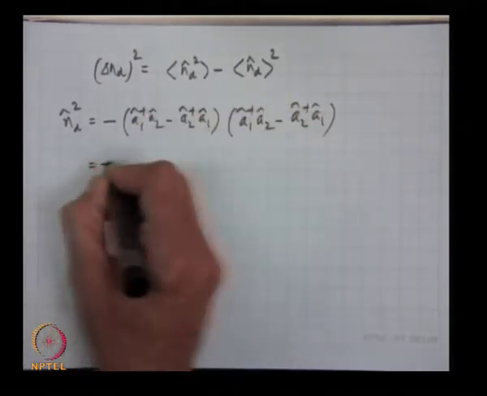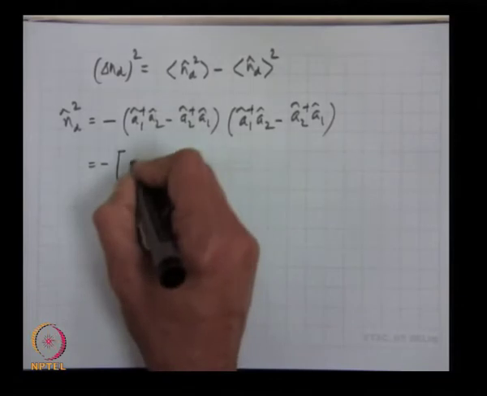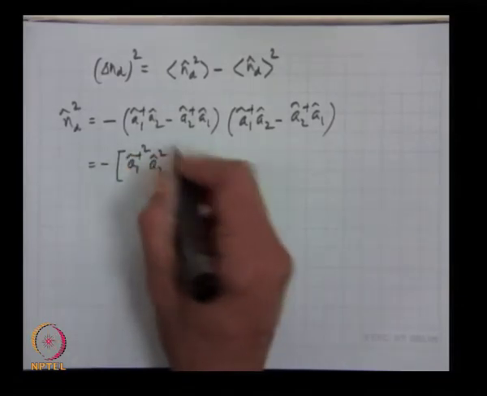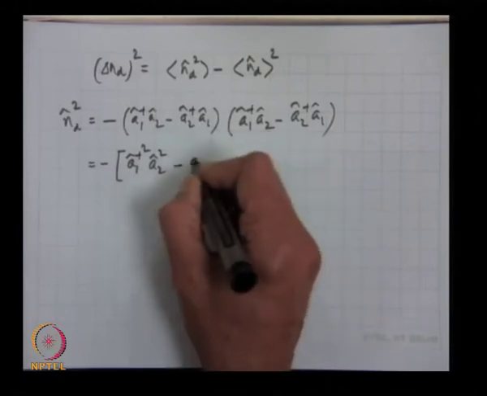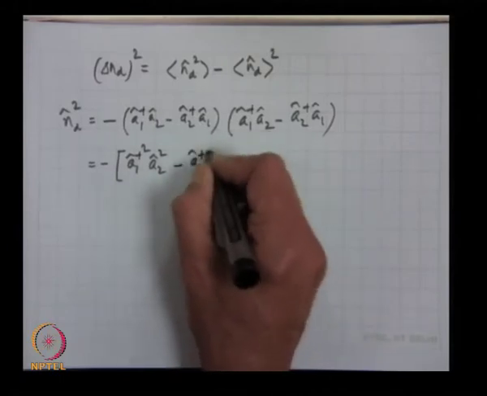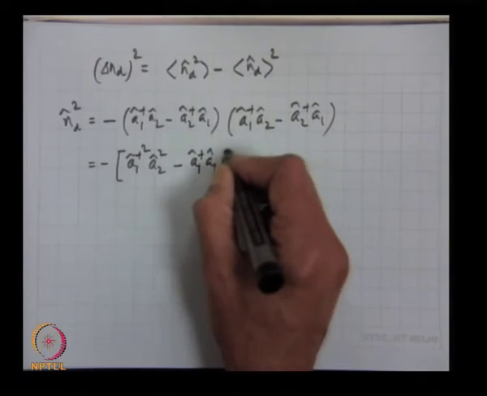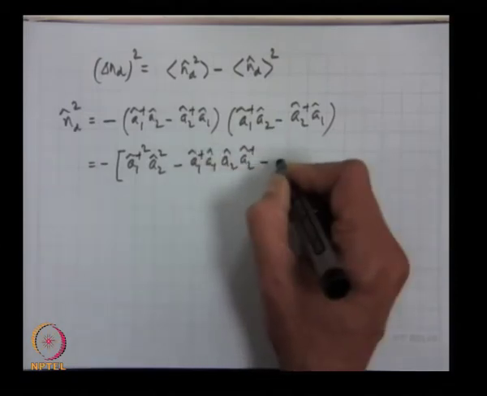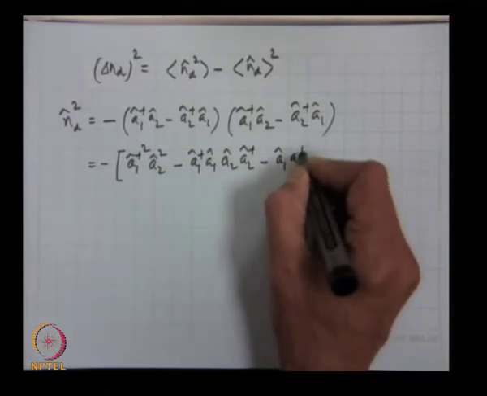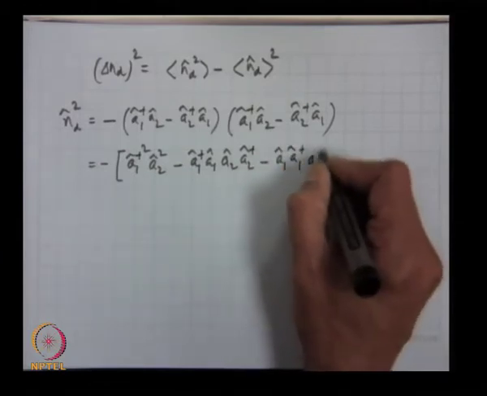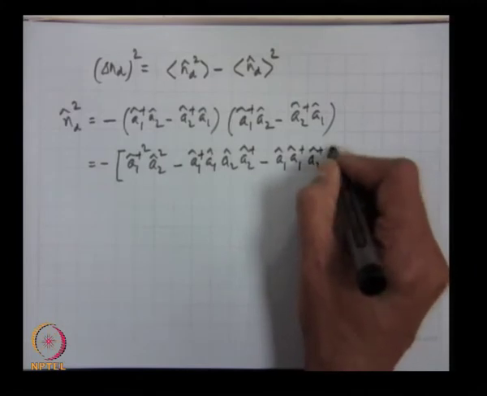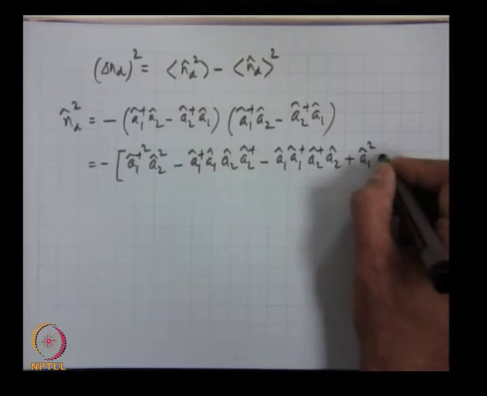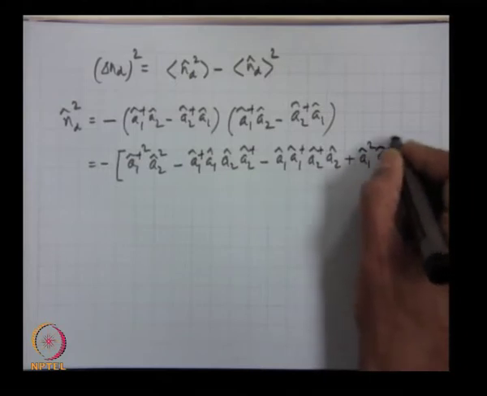So this is minus A1 dagger square A2 square minus A1 dagger A1 A2 dagger A2 minus A1 dagger A1 A2 A2 dagger plus A1 square A2 dagger square.